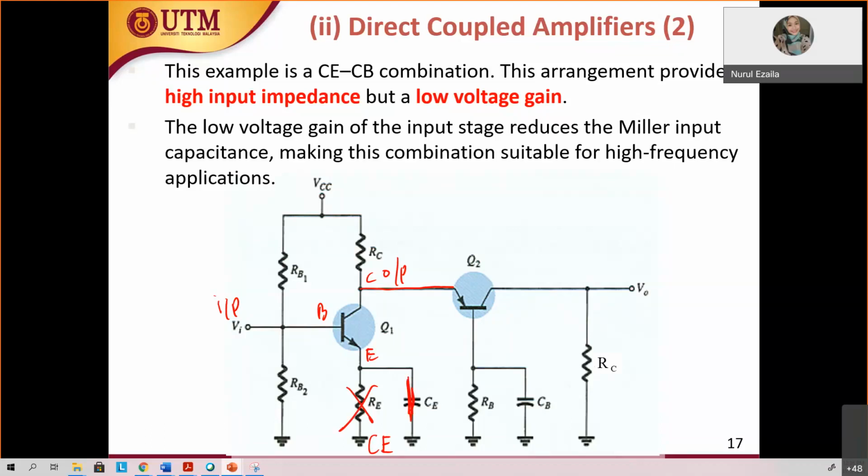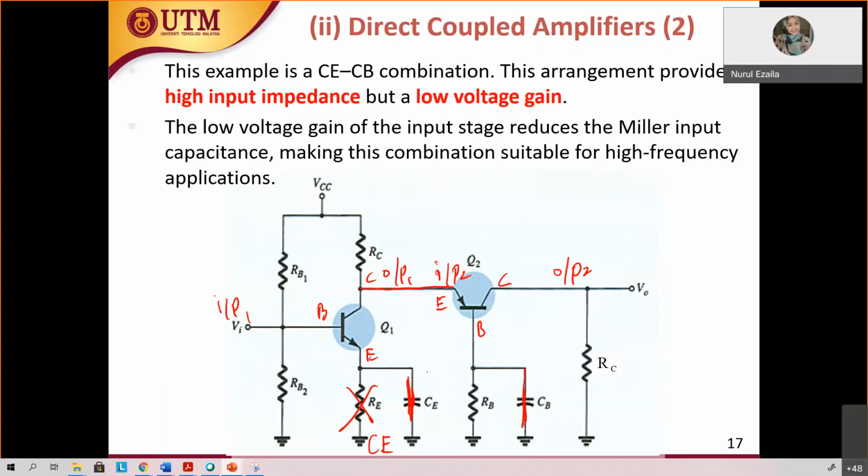So in stage 2, the input is at the emitter. Output is where? Collector. So what's left over here? Base.